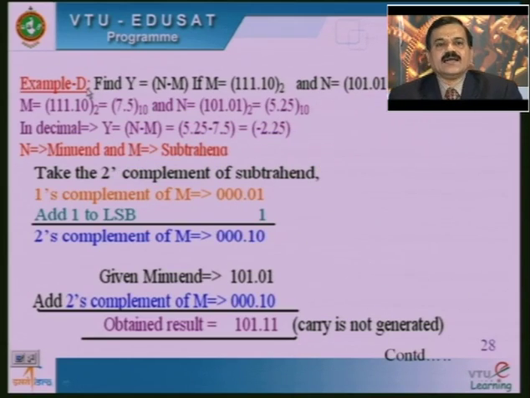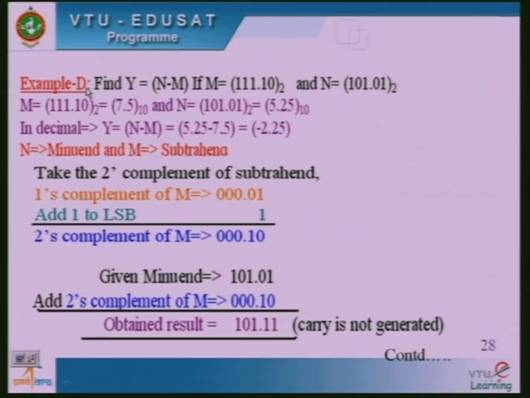In the last example, if we interchange, that is, the highest value is taken as the subtrahend and the least value is taken as the minuend, then we get a negative value. So here in this example, we are using the 2's complement method of subtraction, subtracting the higher value from the lower value.